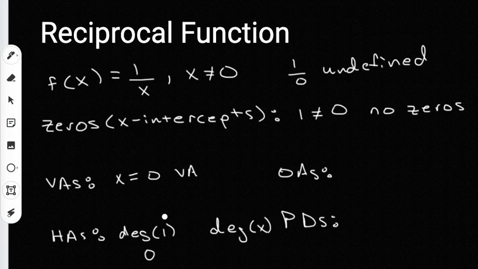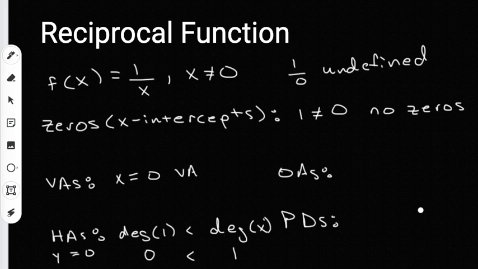The degree of x is just 1. So you want to compare the two numbers: 0 is less than 1. If the top degree is smaller than the bottom degree, your horizontal asymptote is always going to be y equals 0, also known as the x-axis.